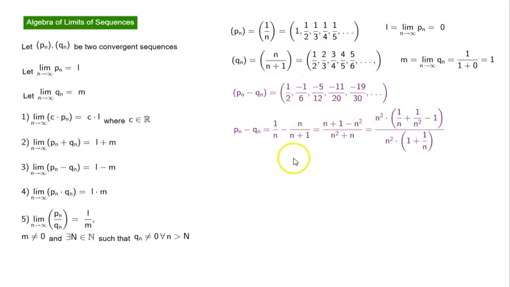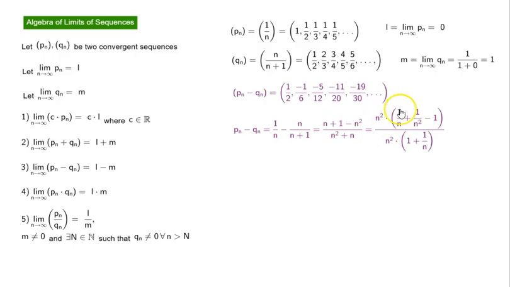Now, using the nth terms, let's subtract. We have p sub n minus q sub n is equal to 1 by n minus n by n plus 1, which gives us n plus 1 minus n square divided by n square plus n. So again, using the same trick, let's take out n square from both numerator and denominator.